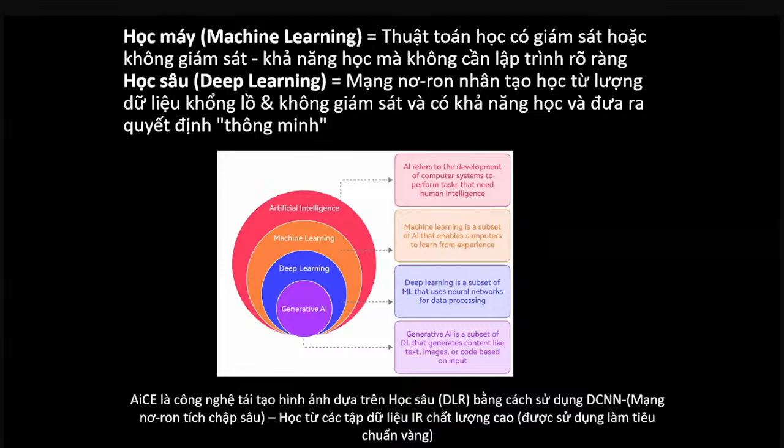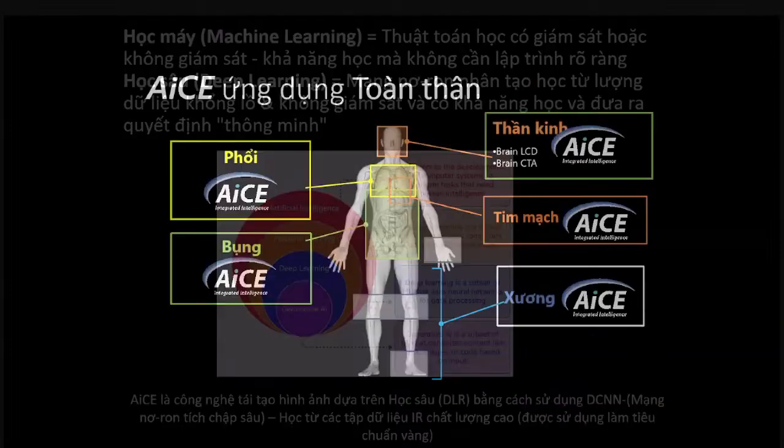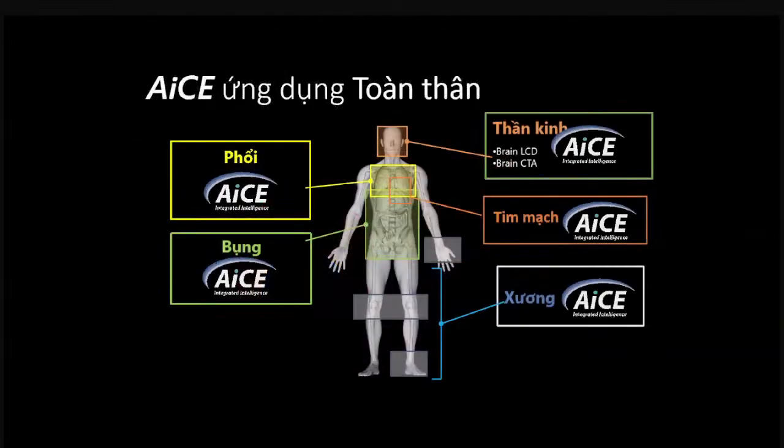So AiCE is deep learning based reconstruction of images using a deep convolutional neural network and learns from high quality iterative reconstruction datasets, which are used as the gold standard. AiCE can be used for all body CT scans, not just the heart.